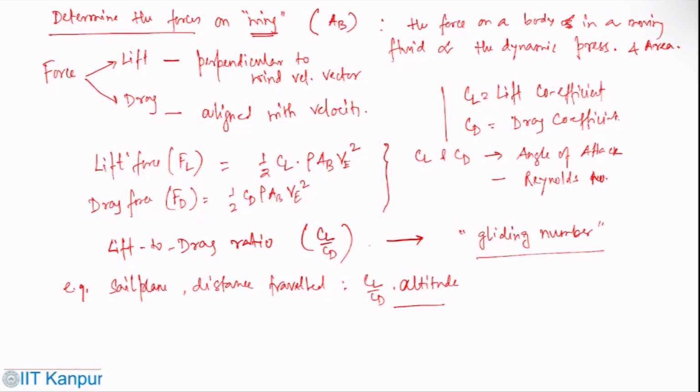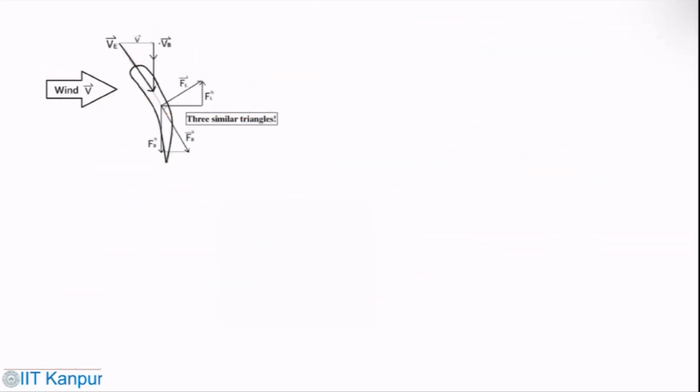Now for our rotor blade, we get this velocity triangle.